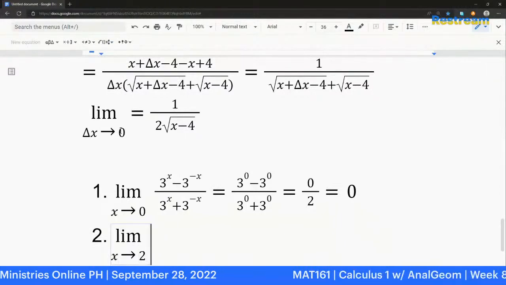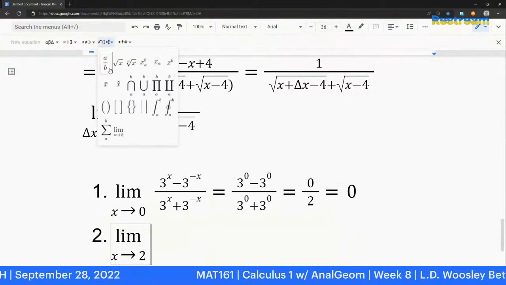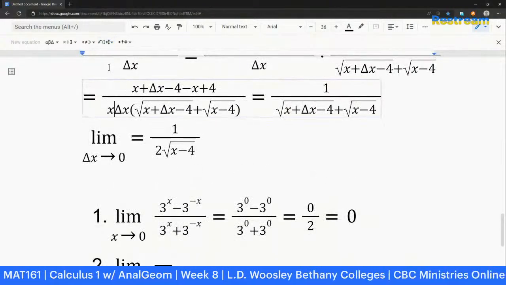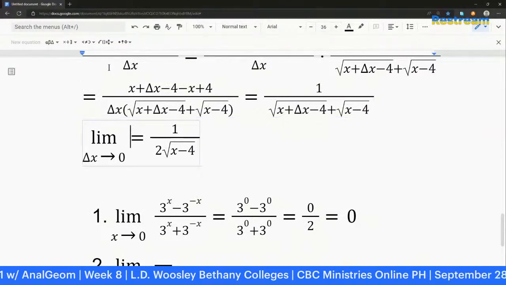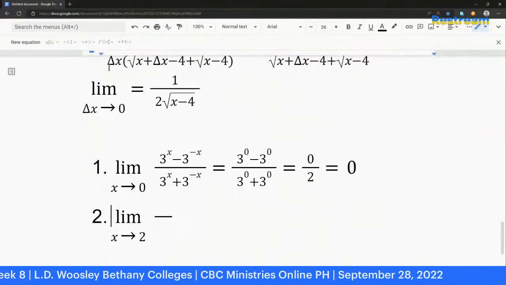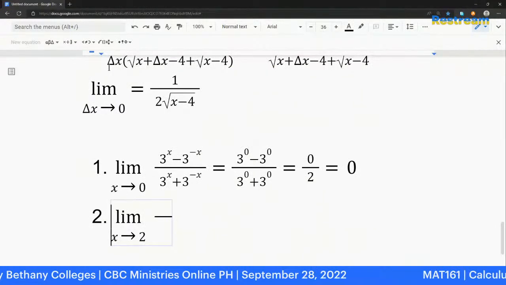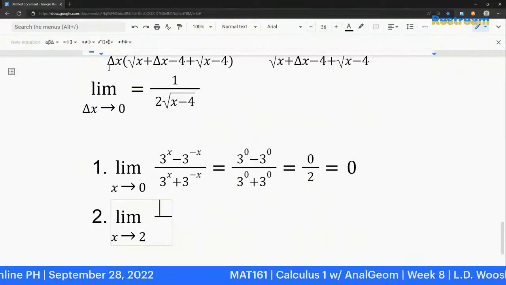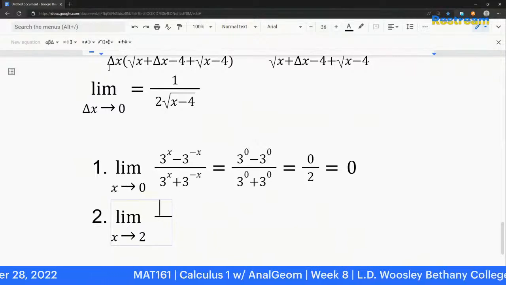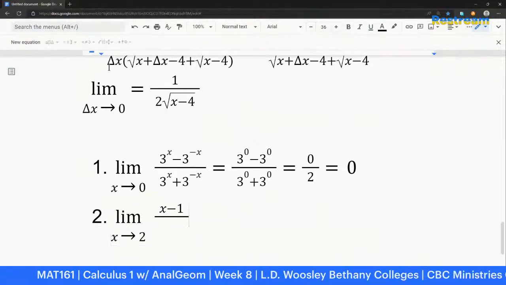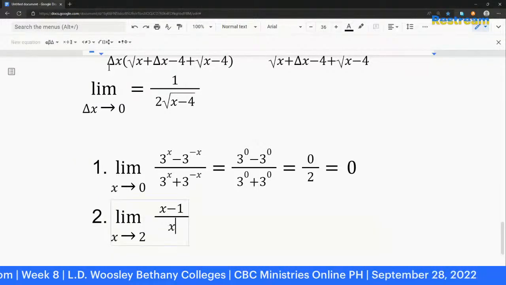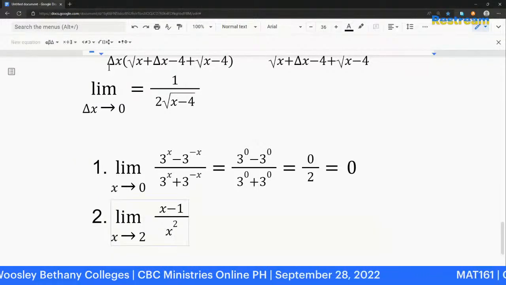All right. So you have x minus 1 all over x squared minus 1.